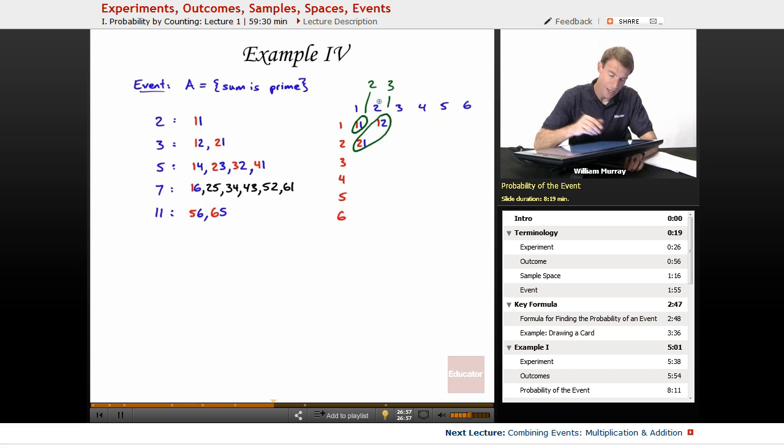A total of 5 would be, you could get a red 1, blue 4, a red 2, blue, I wrote that in the wrong place there. That would be a red 4, a blue 1. You could get a red 3, blue 2.